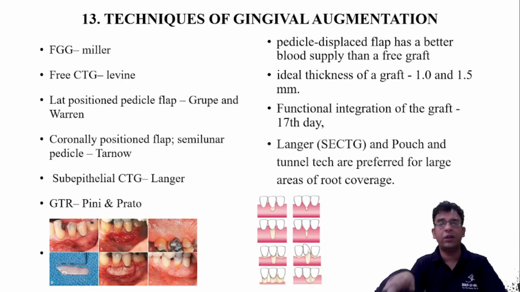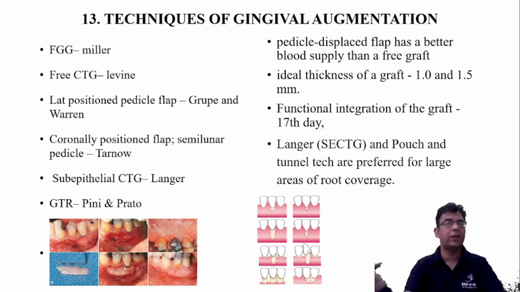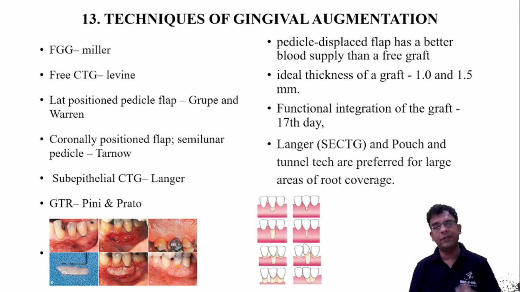Gingival recession chapter, very important, ultra important. I believe every year a question will come either in NEET or in INICET, right? The classifications of gingival recession you have to do, the mechanism, how does recession occur, what are the probable causes of recession you have to do, and then the images surrounding the techniques of gingival augmentation.